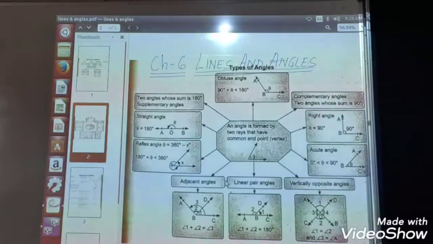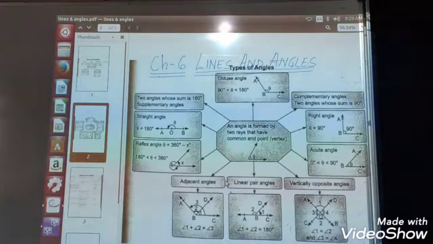First, acute angle, an angle which measures between 0 degree to 90 degree, that is called an acute angle as shown in the figure. Then comes right angle, an angle which measures 90 degree is called right angle. Compulsory right angle is an L-shaped angle as shown in the figure.